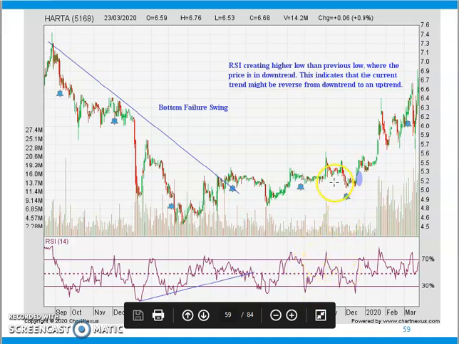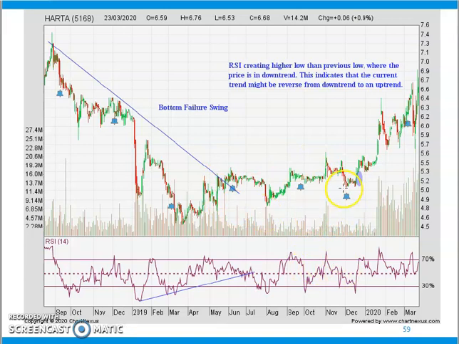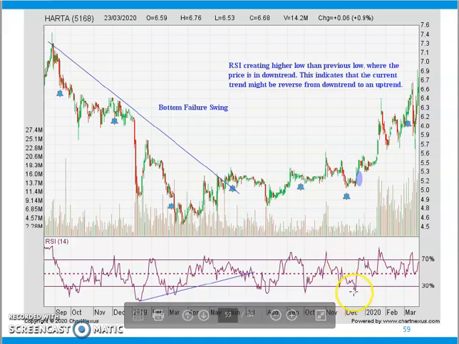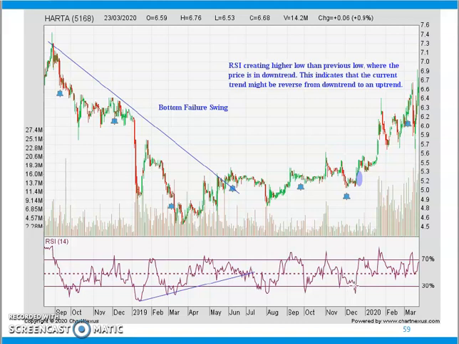So a confirmation of a reversal happens at this point. Why do I say at this point? At this point, RSI goes down to the oversold area and quickly crosses above the oversold line again, indicating a buying signal.